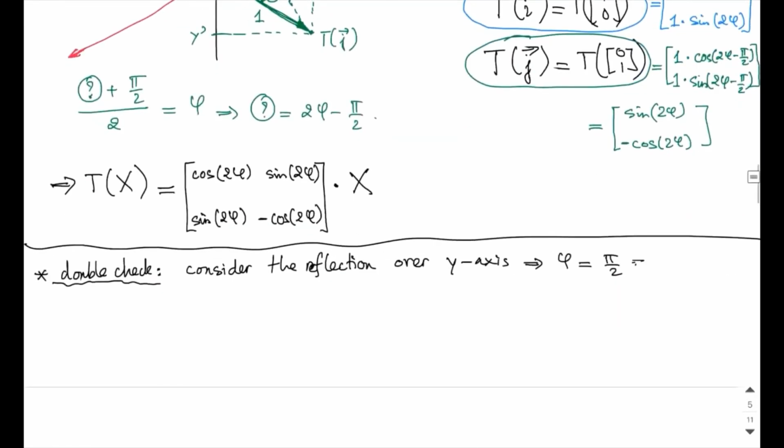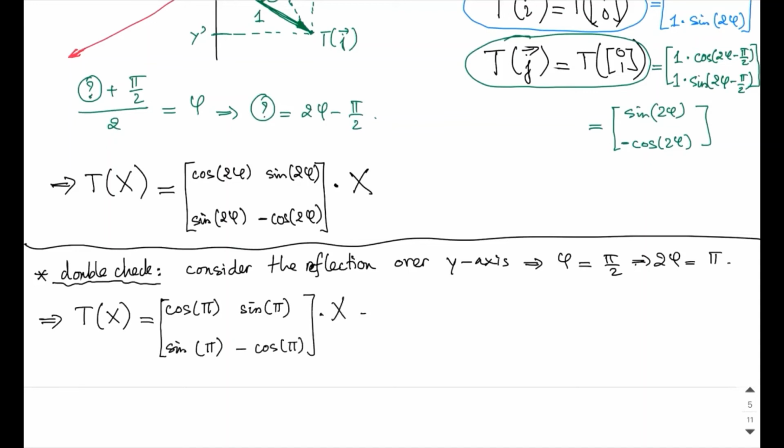Well, that means 2 phi is going to be pi. And so the T that represents the reflection is actually just the following matrix: cosine of pi, sine of pi, and sine of pi, negative cosine of pi.